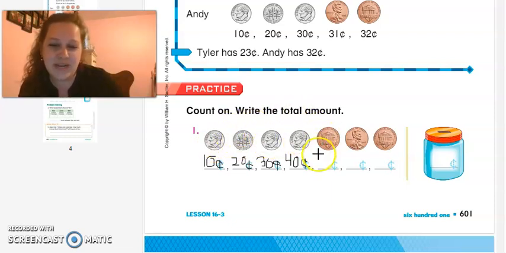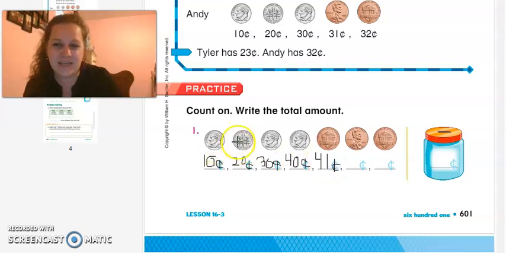If I have 1 penny here, now I have 41 cents because I'm continuing on with my 40 right here. 10, 20, 30, 40, 41. Now I can keep counting by ones. 42, 43.